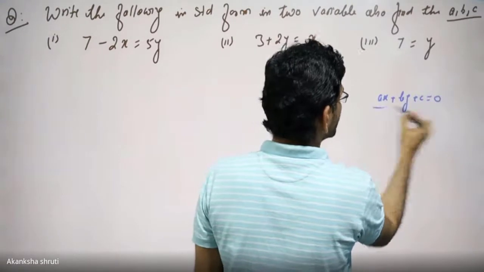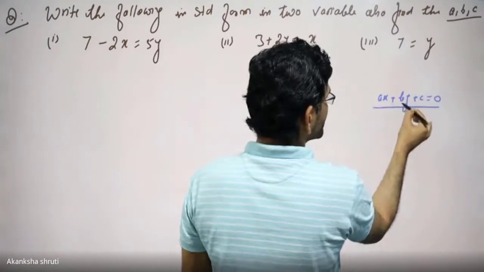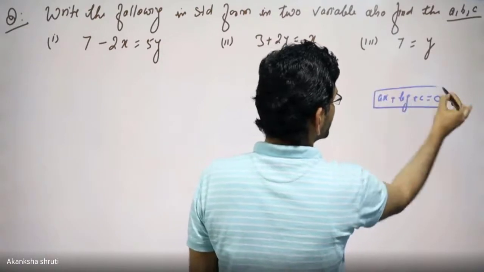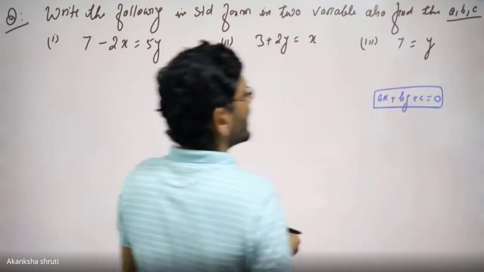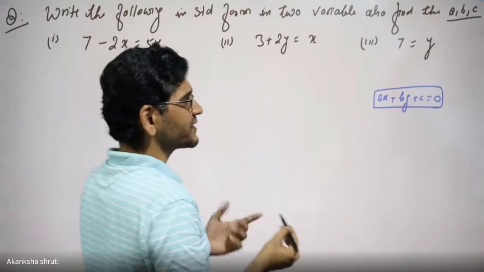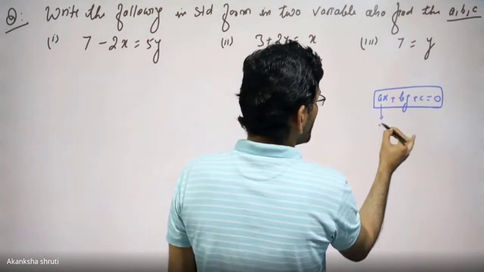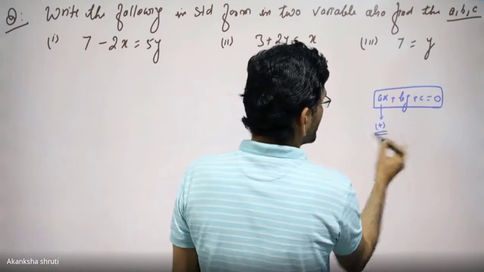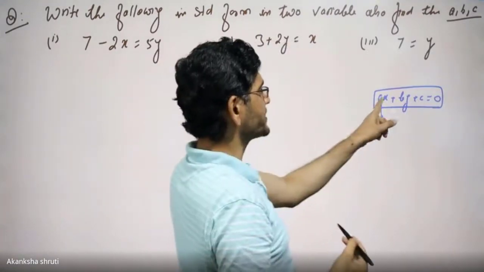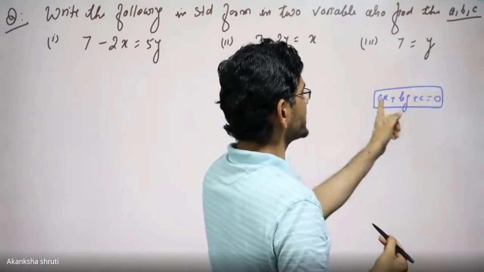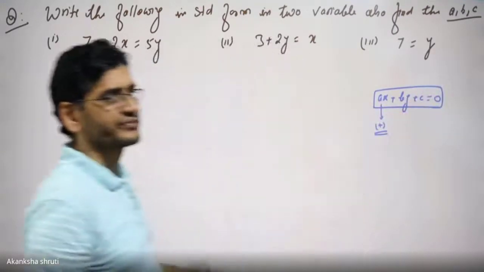Means all these X, Y and constant terms, all these three terms should be on the left hand side. And we always consider the X term as the positive term, because by taking the negative sign common, that can be sent to the other side and made positive. Let us see this.